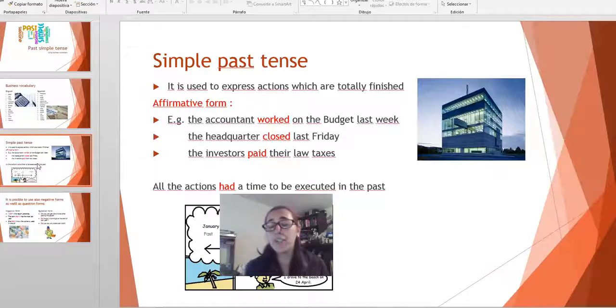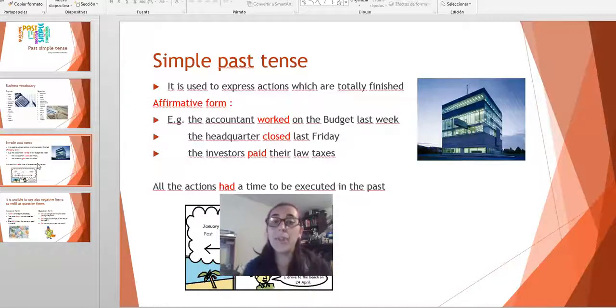For example, if you say work, the past form will be worked with ed. If you say walk, the past form will be walked. If you have decide, for example, the past form would be decided, right? So always we are going to use ed at the end of the verb when it is regular, don't forget.